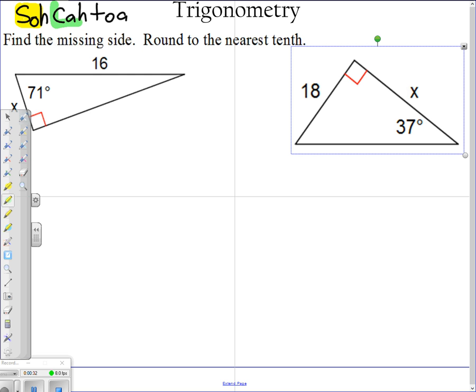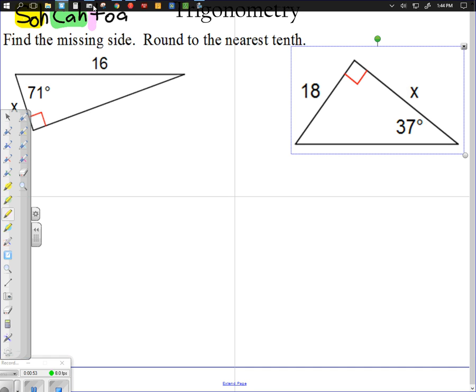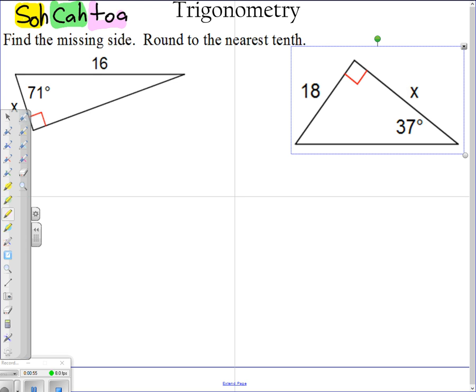CAH, and TOA, that stands for T is for tangent, the O is for opposite, and the A is for adjacent.